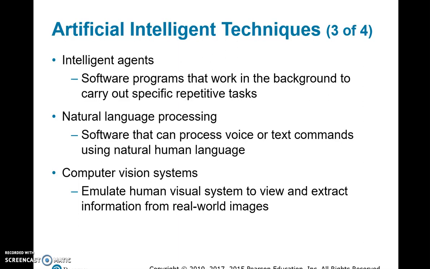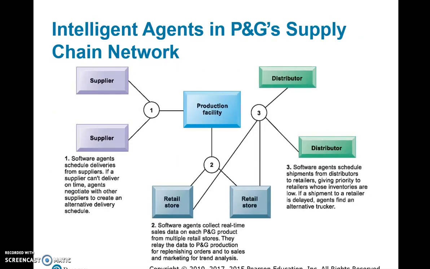Vision systems, or computer vision systems, pretty much simulate or emulate human visual systems so that they can extract information from real world images. So in the Procter & Gamble supply chain network, you have intelligent agents which work. You have, let's say, supplier agents which schedule deliveries from suppliers.